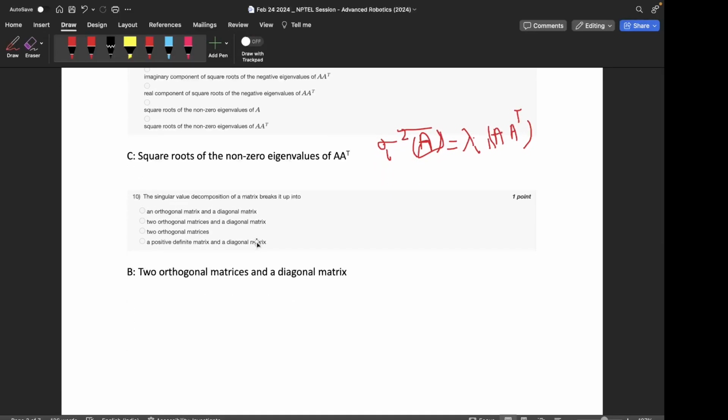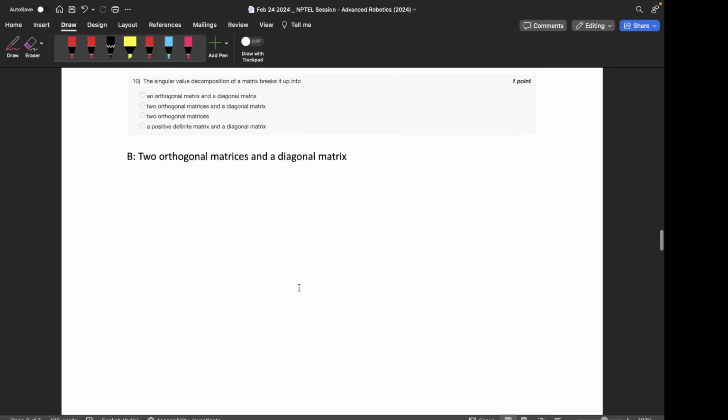And finally, the last question in this set of assignment is the SVD of a matrix breaks it up into, again, this is what I motivated just now, that SVD breaks the matrix into two orthogonal matrices and one diagonal matrix.